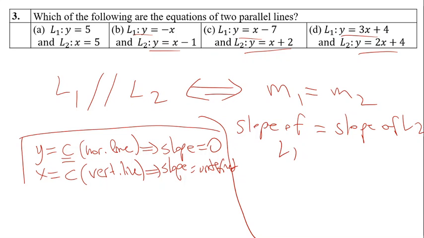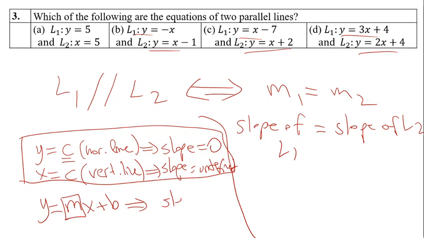And these are two non-standard lines. But if your line equation has x and y in it, it has to be a standard line. So in this case here, m becomes the slope.